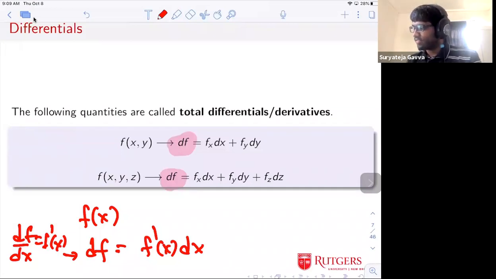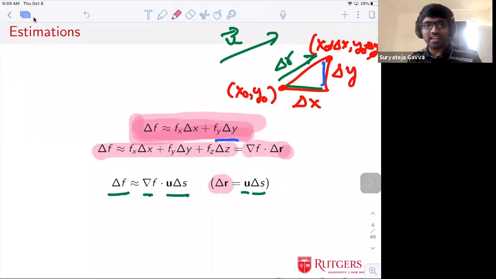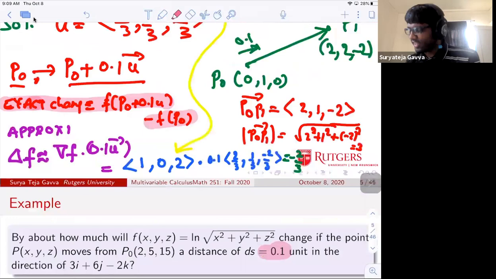So the change in f will be related to change in x and change in y with the partial derivatives. Similarly, the change in f will be related to the change in the x direction, y direction, and z direction. These are formal symbols df. They are almost like the delta f that we have seen in the previous slide. There's no difference. Instead of the delta, we are writing a d. Why are they given different names?